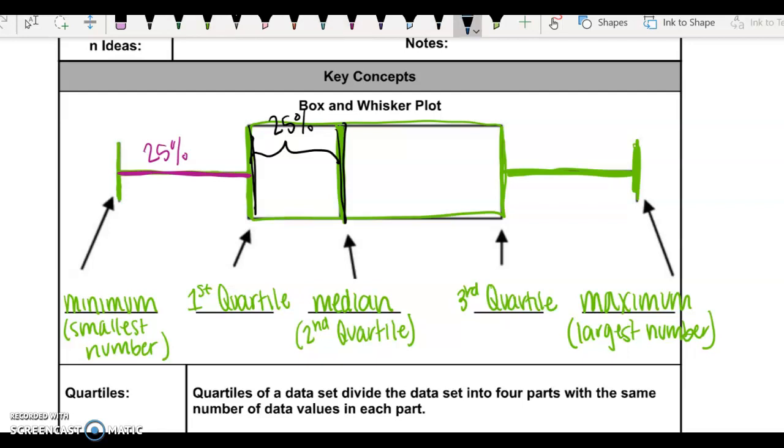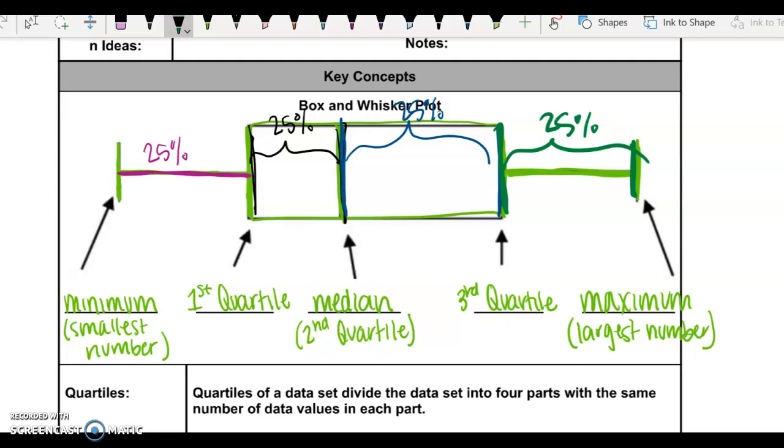And then between our median and our third quartile is another 25% of our data. And then between our third quartile and our maximum is another 25% of our data. So 25 plus 25 plus 25 plus 25 is 100%.